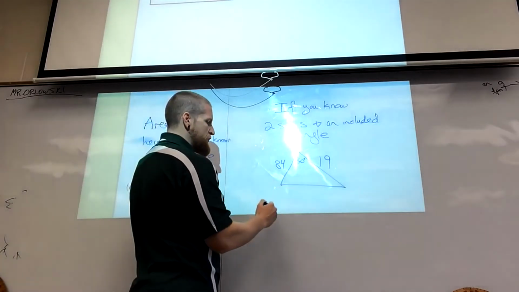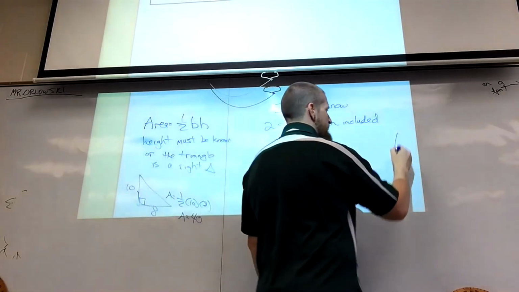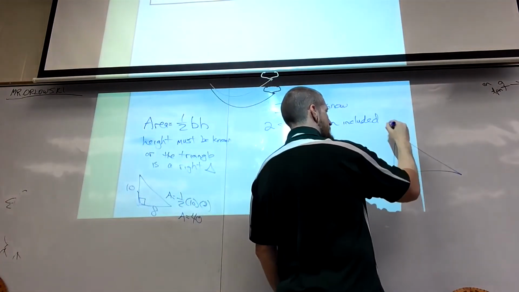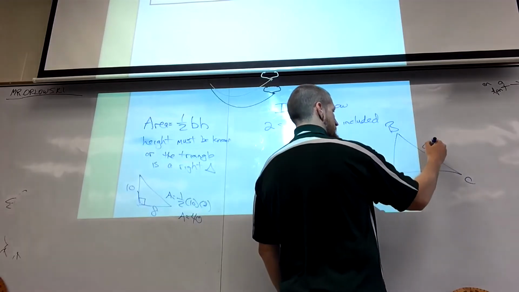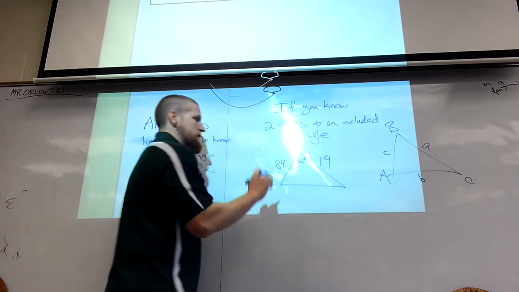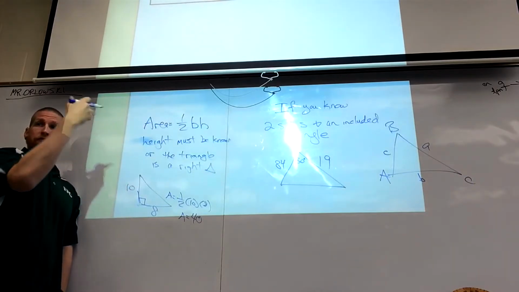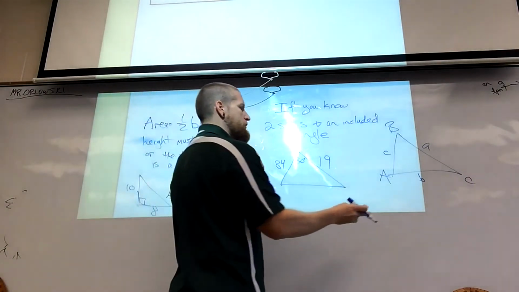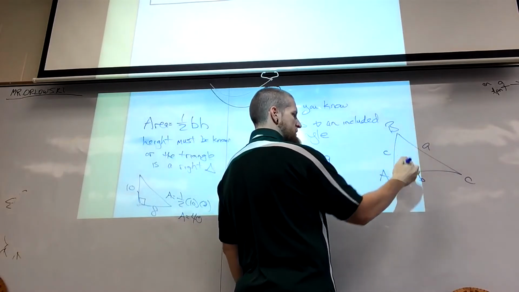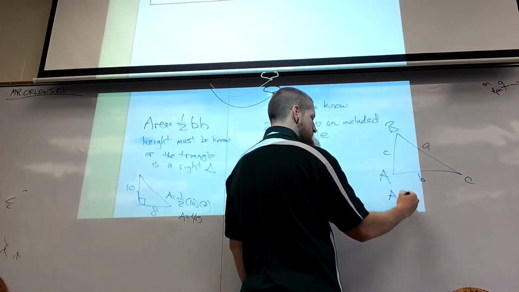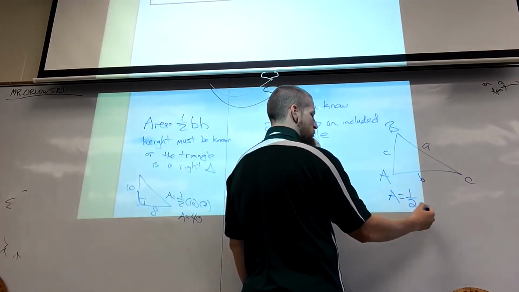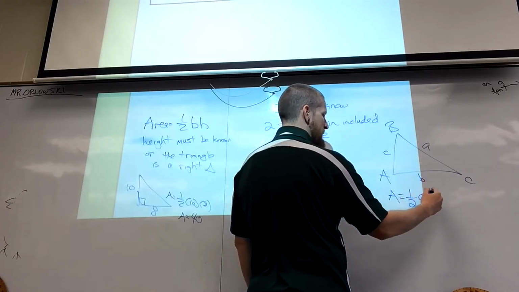Okay. The way this formula works is if I drew up the generic triangle that has been up there for law of sines and cosines, I can write a formula for the area of this non-right triangle. The way it goes is 1/2 AB.